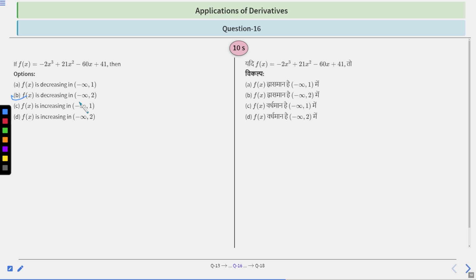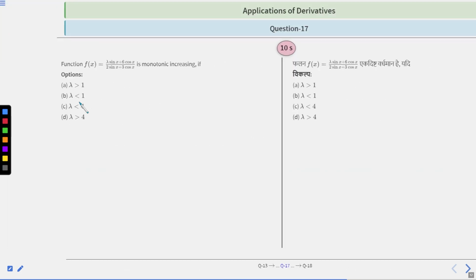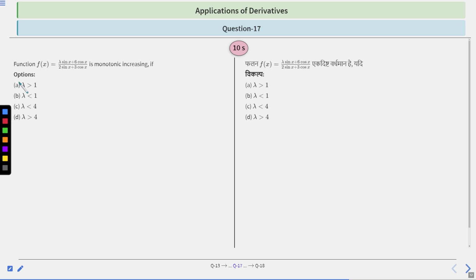So let's move to the next question, question number 17, which says the function f(x) is given as (lambda sin x plus 6 cos x) upon (2 sin x plus 3 cos x), and it is monotonic increasing if lambda belongs to what. So we have to find the conditions on lambda for which this function is monotonic increasing.